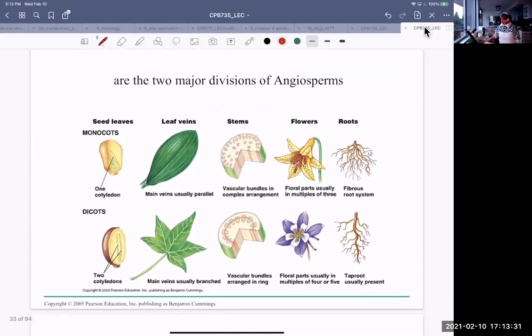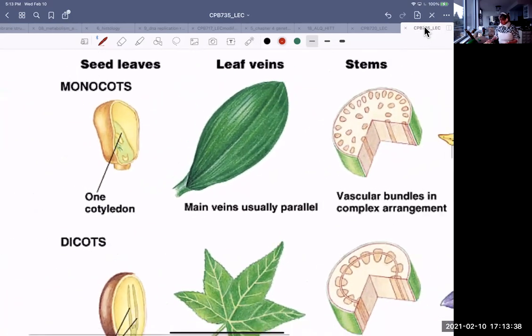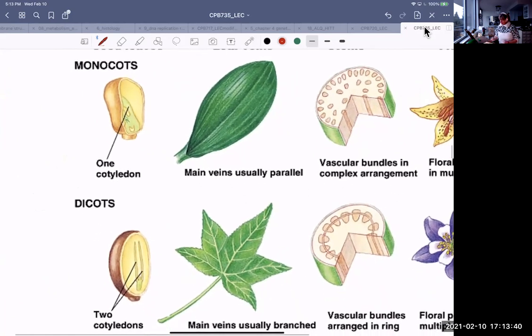Here are the main differences. So a monocot, mono meaning one, has one cotyledon. That's inside the seed. And a cotyledon sometimes becomes storage for the seed.